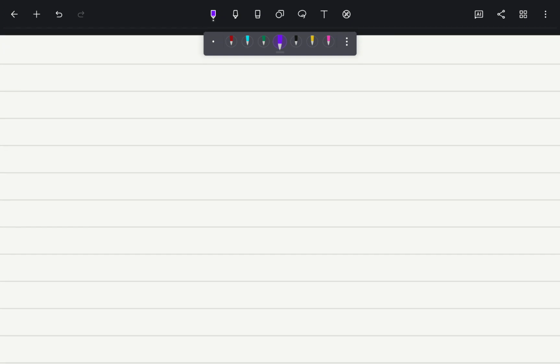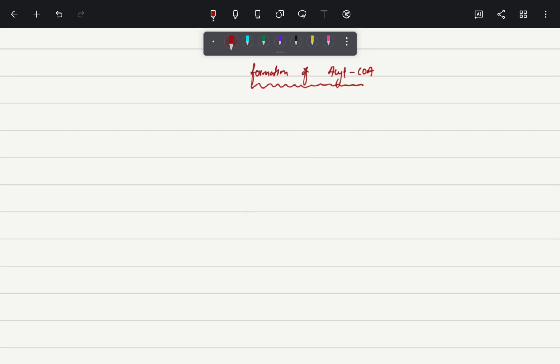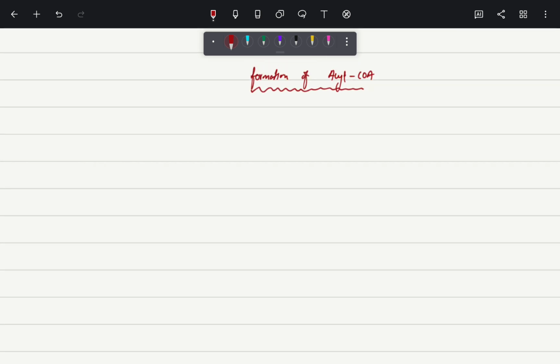So I'm going to draw. In order to understand this, I want you to understand how there is formation of acyl CoA. Why this is important you will understand in 2 minutes, but I want you to write or draw this diagram of formation of acyl CoA. Usually this is a fatty acid.